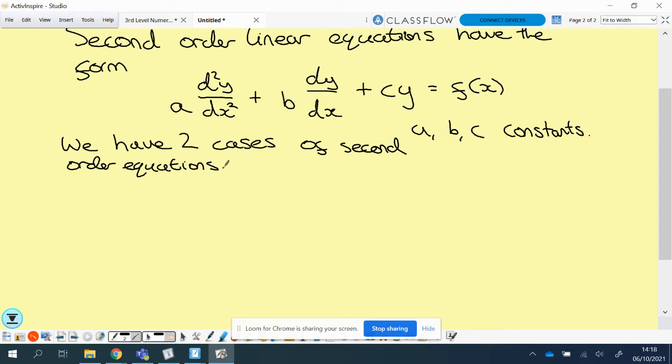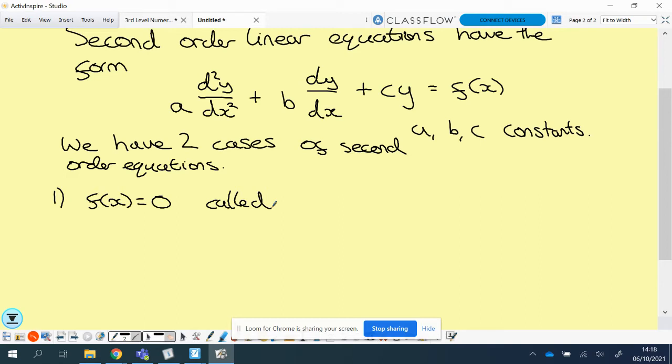So the first case is when f of x equals 0. So in other words, there's no function on the right hand side. That's actually the nicest category, I think, because there's less to deal with. So when f of x equals 0, there's been a bit of a difference in opinions.